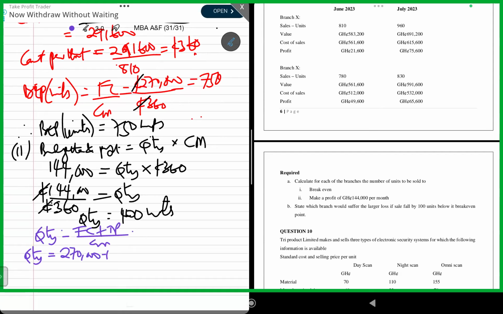Plus, what is our target profit? 144,000, all divided by 360. So compute everything on the calculator. What do we have? Well, I don't think it'll be the same. 1150. Wait, 1150. Make a profit of 144,000 per month. Okay, 1150 units.